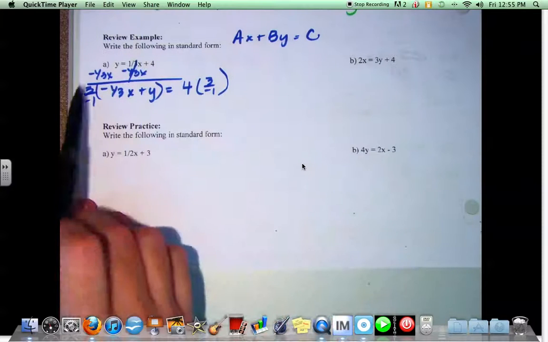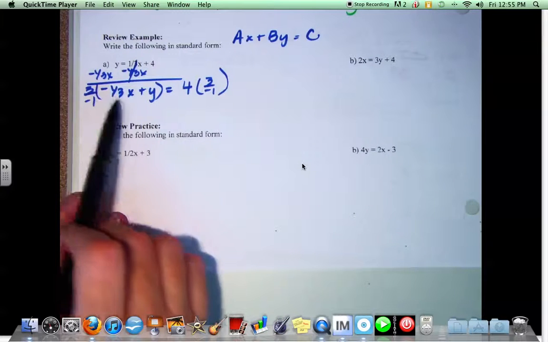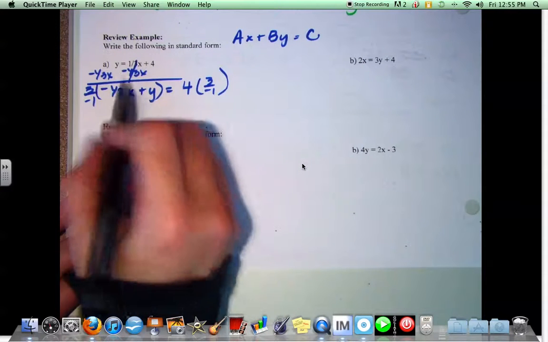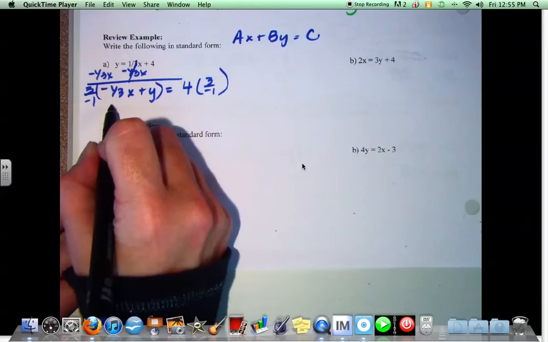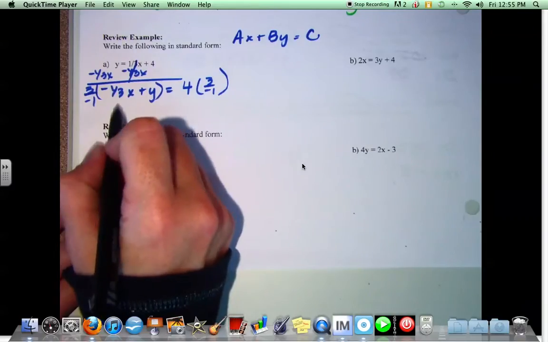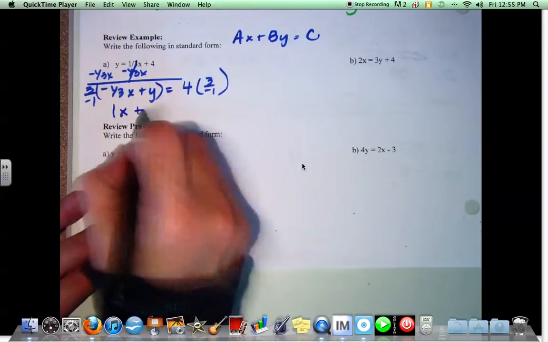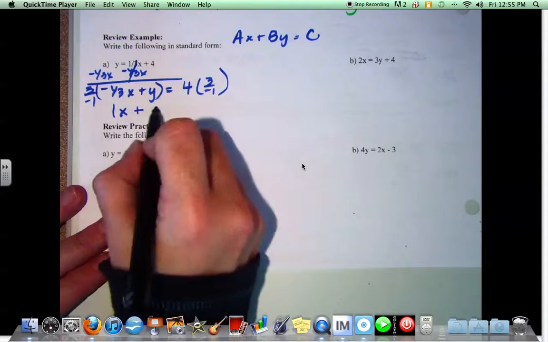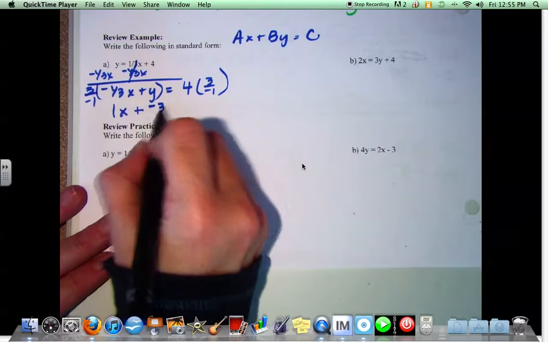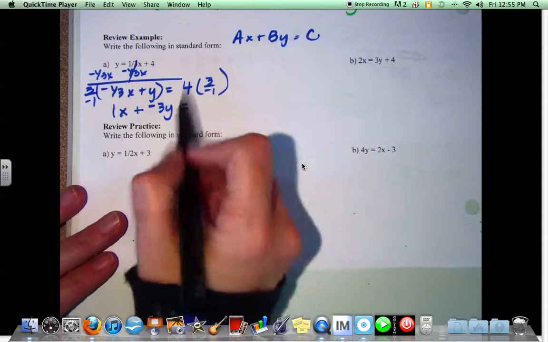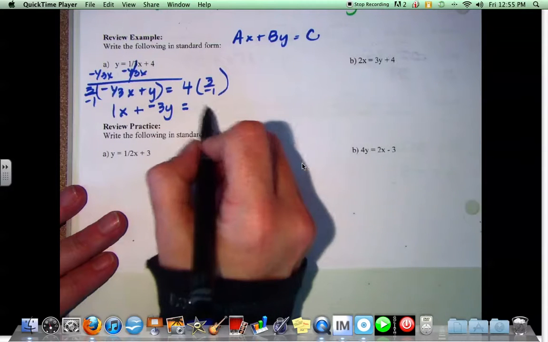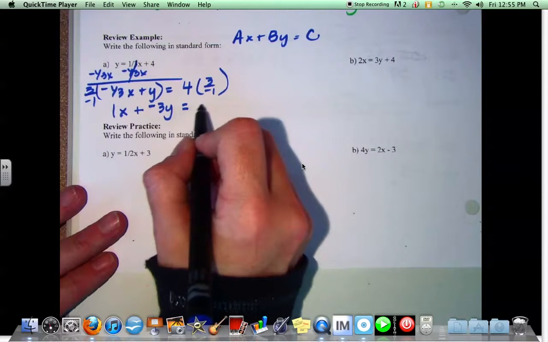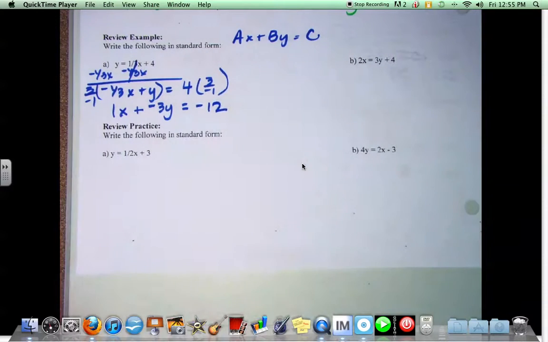So I have 3 over negative 1 times negative 1/3, and that gives me 1x plus negative 3 times y gives me negative 3y equals 4 times negative 3, which is negative 12. There you go.